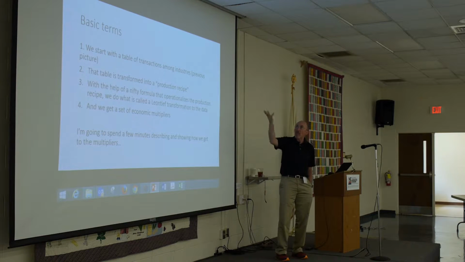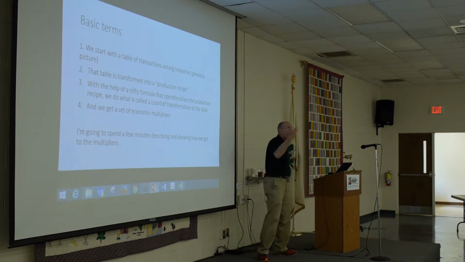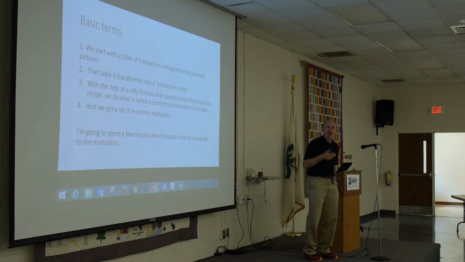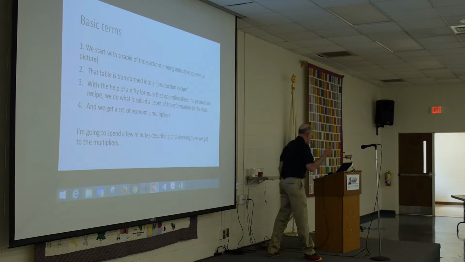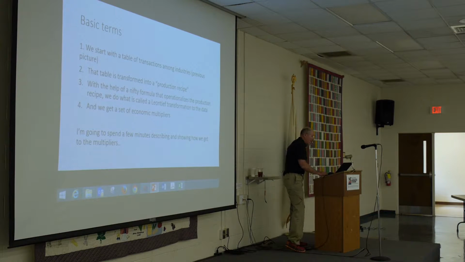Regional production, what am I buying from the regional economy? And then I have a nifty little formula that operationalizes that information. So what I'm going through here is I want to simply demystify this. It is not a black box, it's no big deal, anybody can do this, and that includes me.